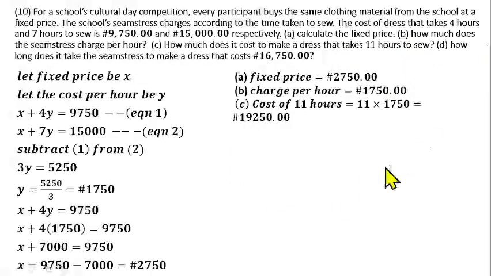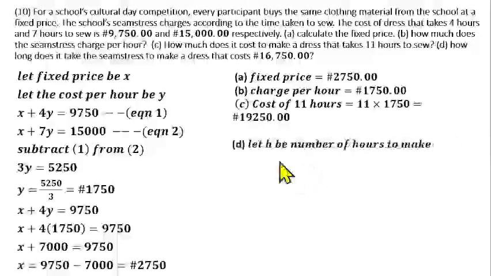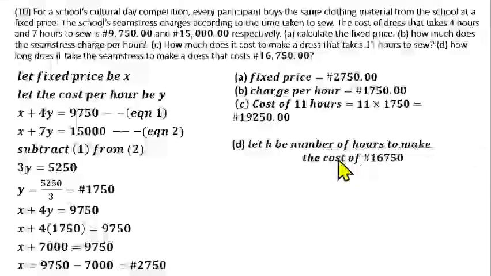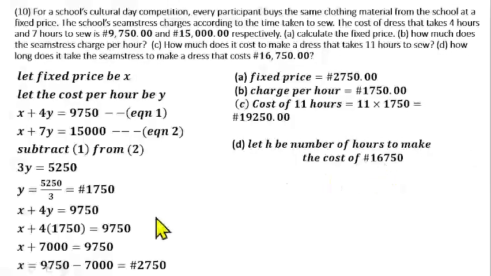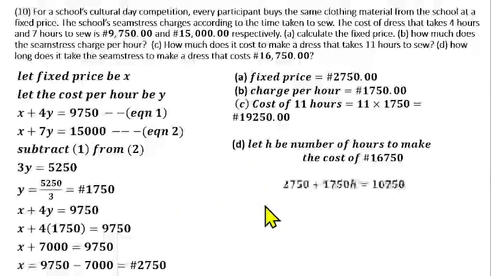Then the last question: how long does it take the seamstress to make a dress that costs this amount? Let h be the number of hours that make this cost. So what do we do?